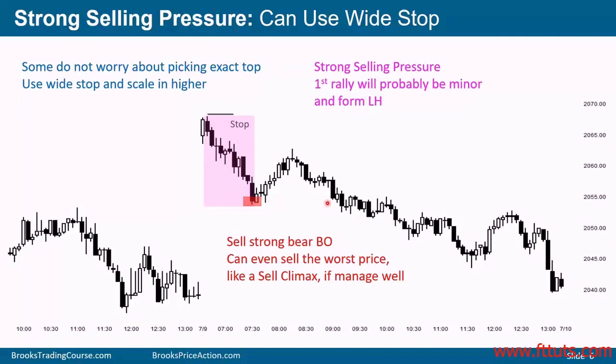And then he can exit part or all at his original price. He gets out break even for his entry down here, and he exits with a profit if he sold more here. That's for a scalper. A swing trader would hold until there's a clear reason to buy again.